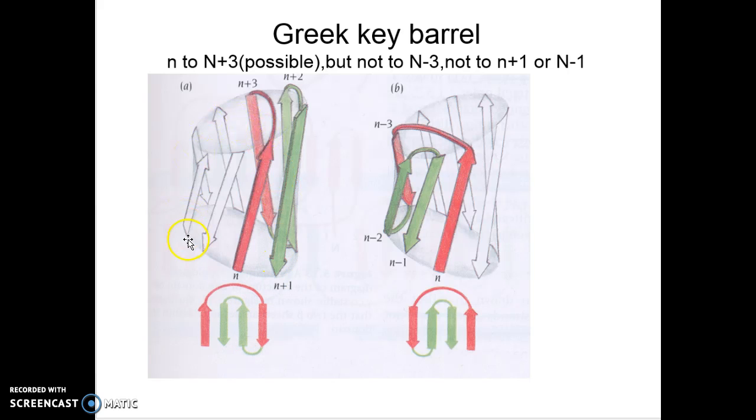Okay, so the right side is not possible. The left side is possible. Actually, the existing topology is a little bit complicated, but basically two forms similar but mirror image. Actually, the present topology is the left side, not the right side.